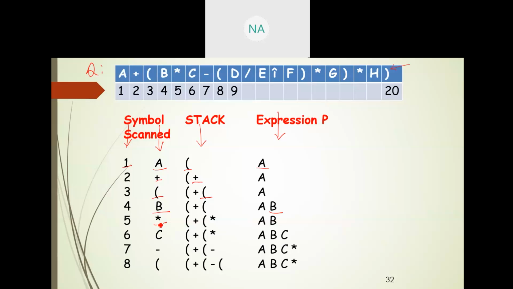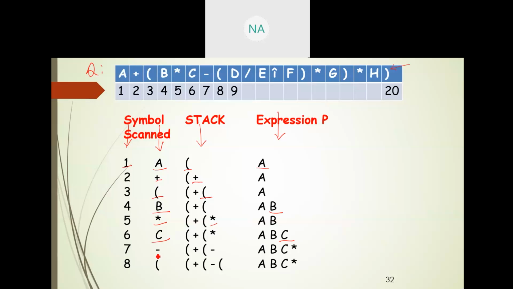Now step 5a: remove all those operators which are at the top. At the top we have a left parenthesis, so nothing will be done in step 5a, and in 5b, multiplication will be added to the stack. The next symbol is C. C is an operand, so it is simply added to P.